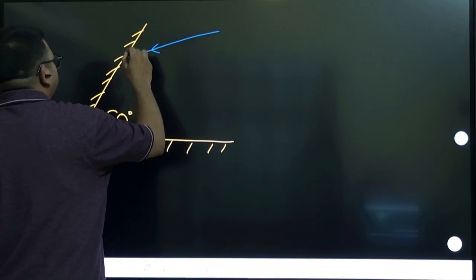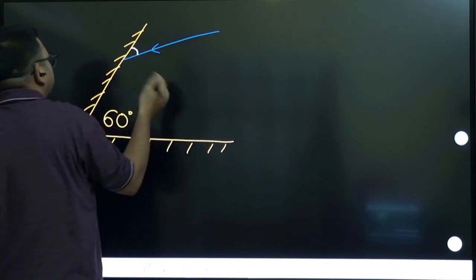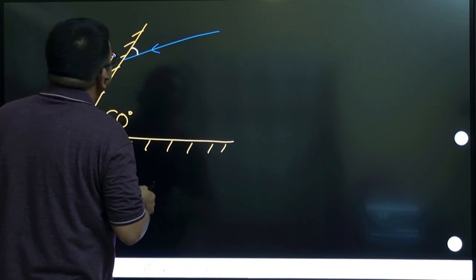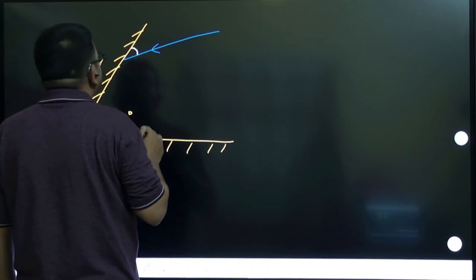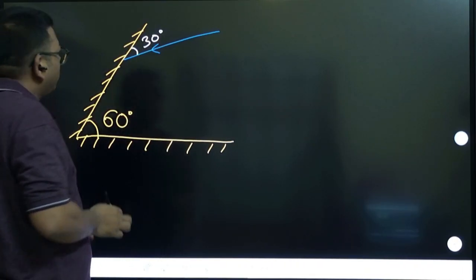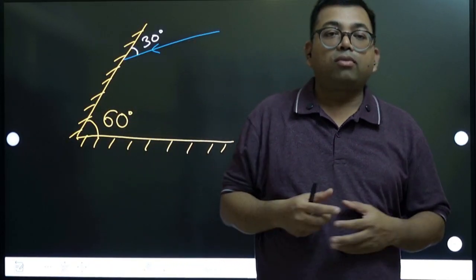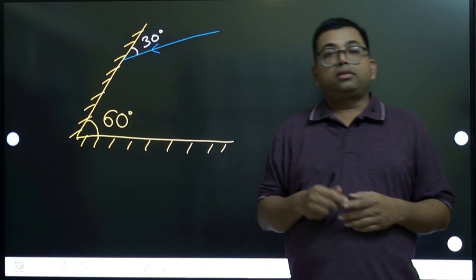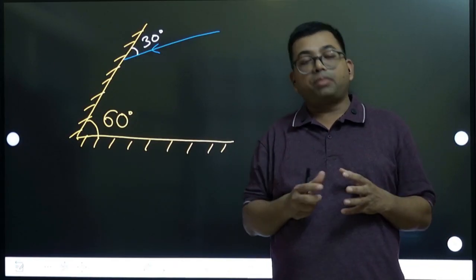This is called the glancing angle, and let us say it is given as 30 degrees.